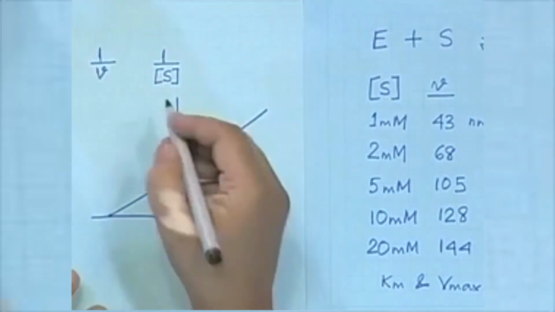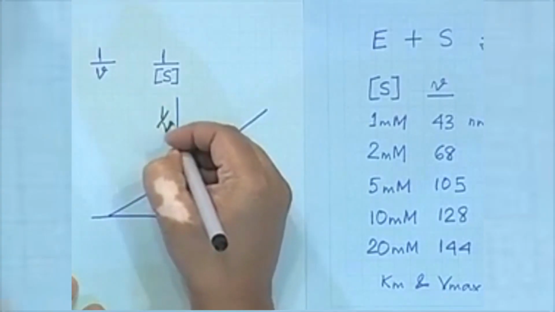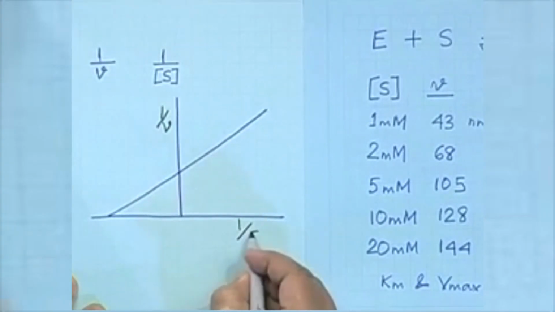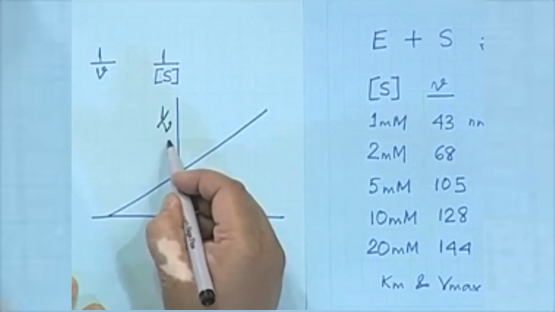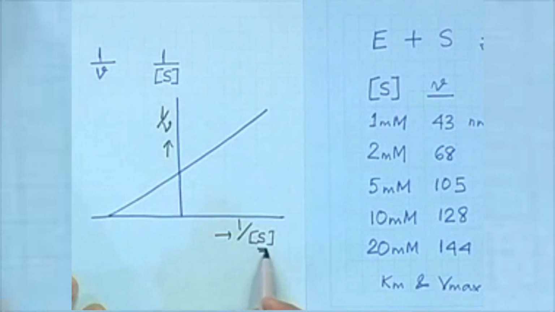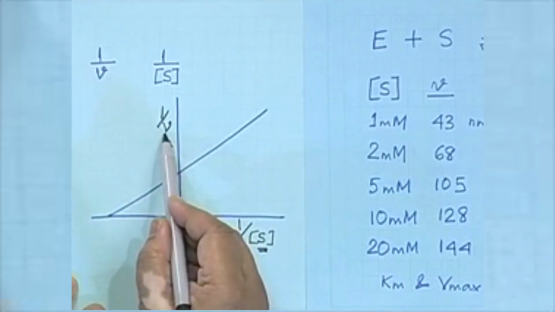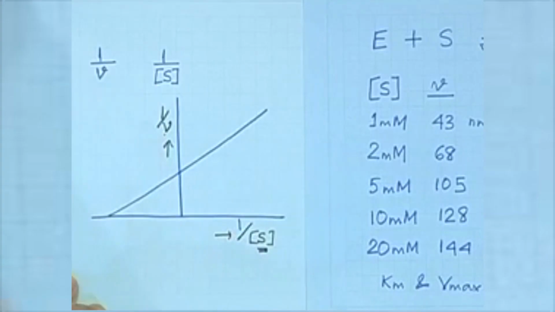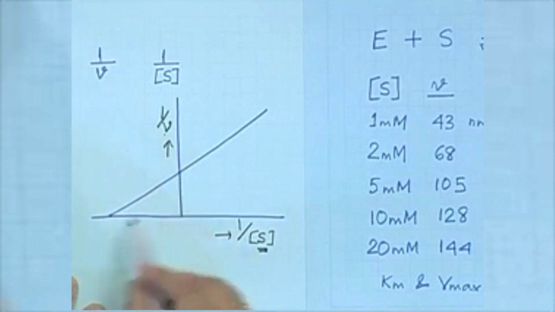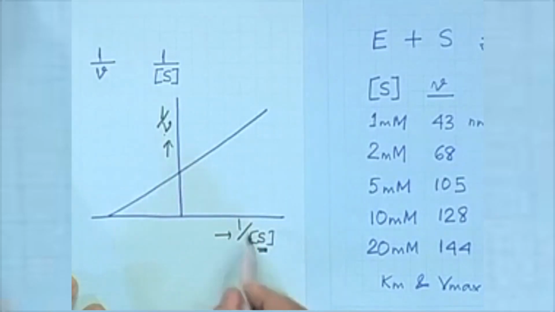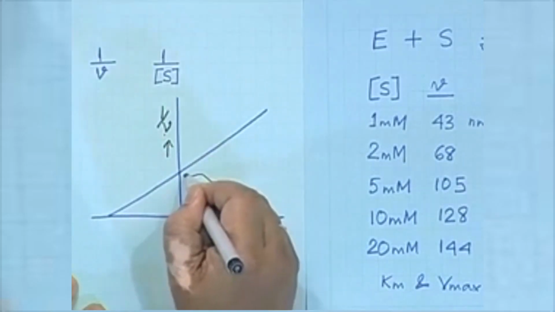So, what have I plotted? 1 by V, 1 by S. What have I done? I have conducted the reaction at a variety of substrate concentrations and calculated the initial velocity for each of these substrate concentrations. Then I plot 1 by V versus 1 by S. What is this here?